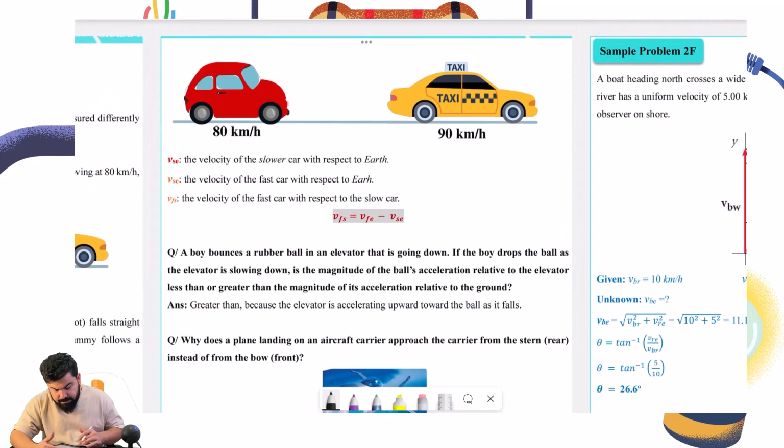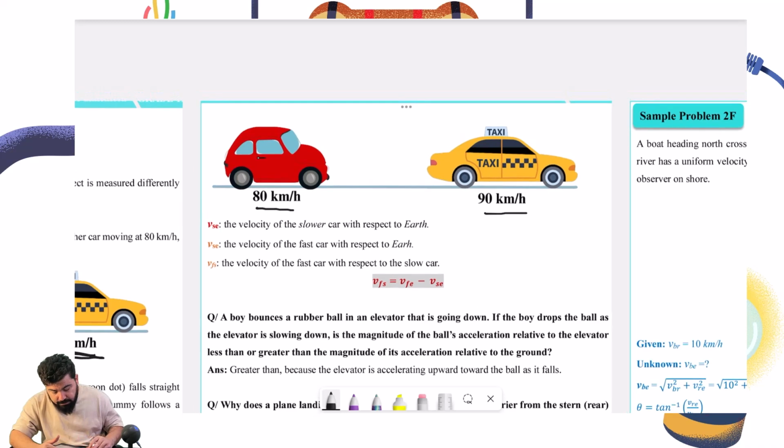This is basically it. What equation do we use to calculate the relative velocity of an object? Let's say you have this car compared to this car. We have the velocity of the slow car relative to Earth, which is 80 kilometers per hour.